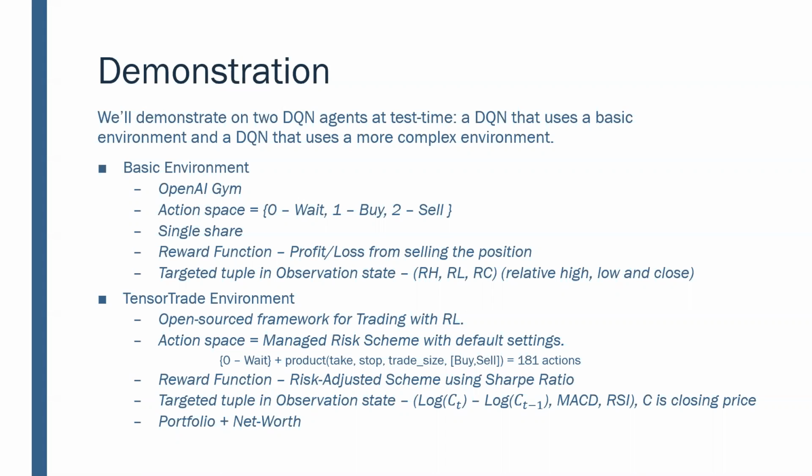Also, TensorTrade includes additional components that are a little more similar to the real-life environment. It has the ability to have a portfolio, and the agent has a net worth. So these are external components or securities that are tied to the agent, and in real life, that's necessarily the case, right?